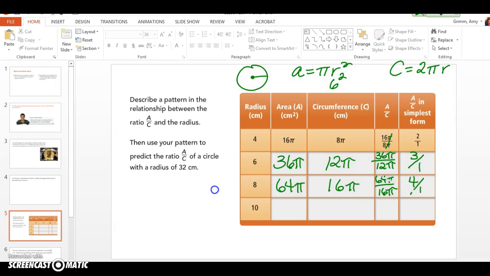Okay, what about the last one? 100 pi. Alright, 100 pi. Let's see, what's the next one? 20 pi. Then we get 100 pi over 20 pi, which is how much? 5 over 1.